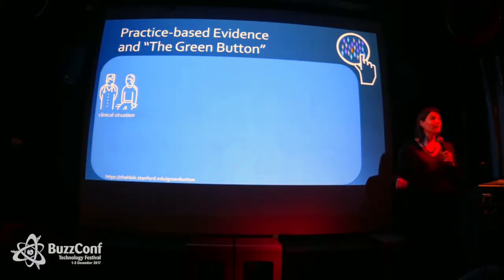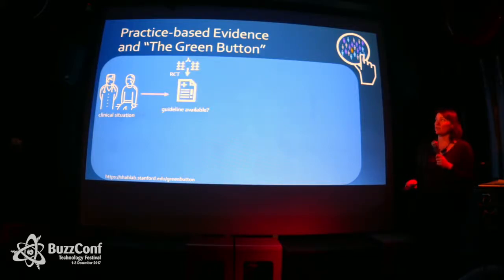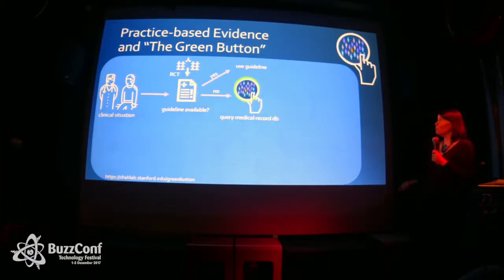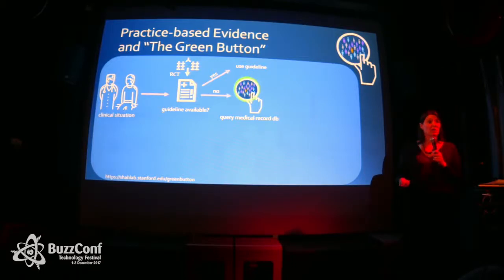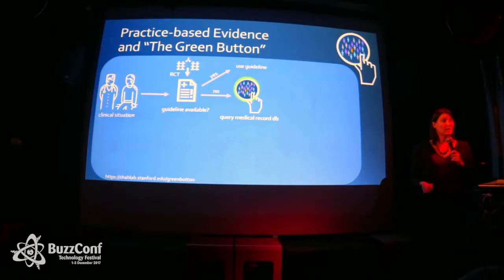And so this allows us to do something which my friend Nigam Shah from Stanford has called the green button approach to medicine, where in a given clinical situation, we can look to see whether there is a guideline that addresses that situation. Great, if there is, use it. More often than not, there won't be one, because your patient won't match exactly the known criteria for a given guideline.